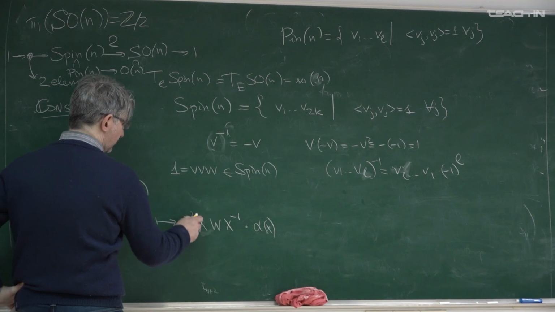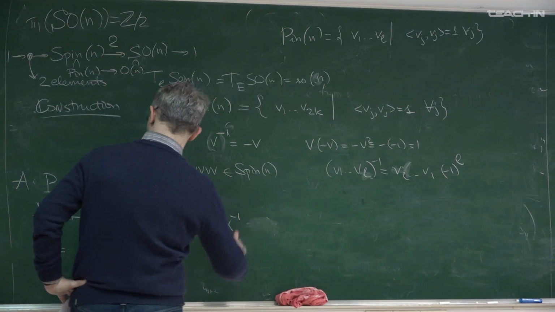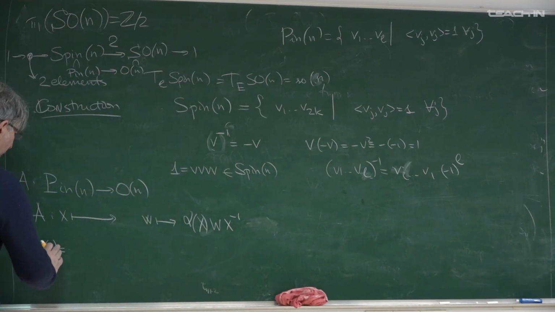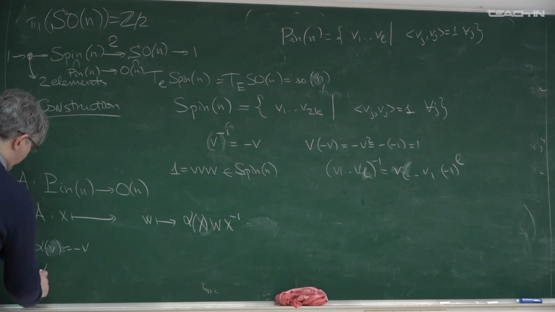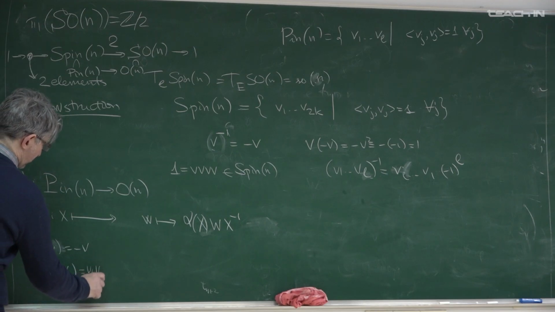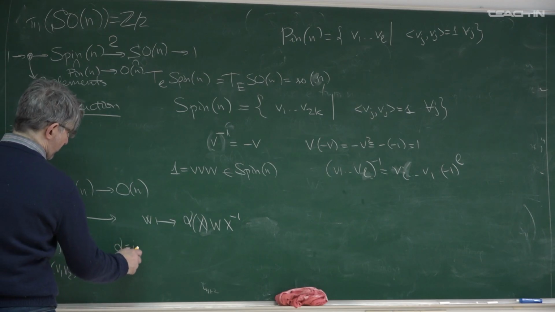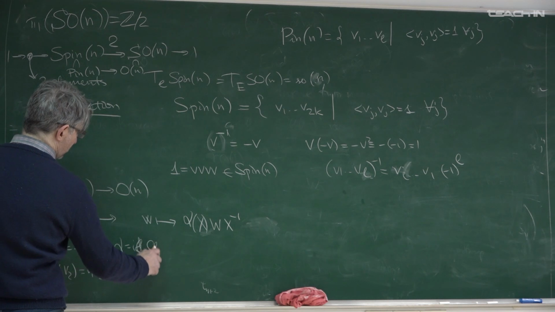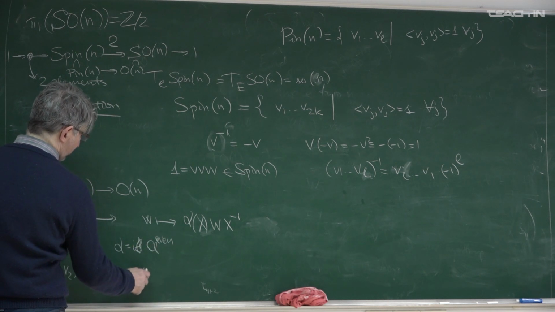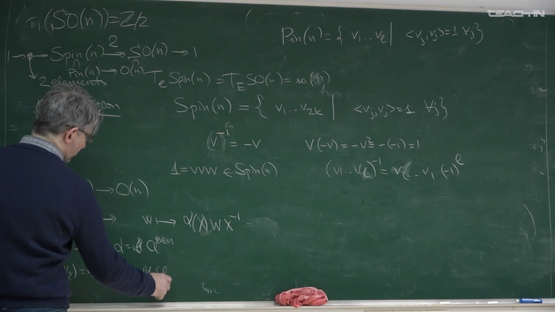I will write it in this way, alpha of x. Alpha is the parity operator, so alpha of v is minus v, alpha of v1 v2 is v1 v2. So alpha is the identity on the even part and minus identity on the odd part.